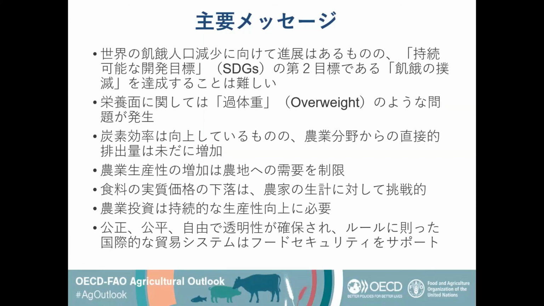And what we need is more investment to guide and support this sustainable productivity growth overall, and of course a fair and equitable, open, transparent and rules-based trading system to actually allow that the resilience is there.